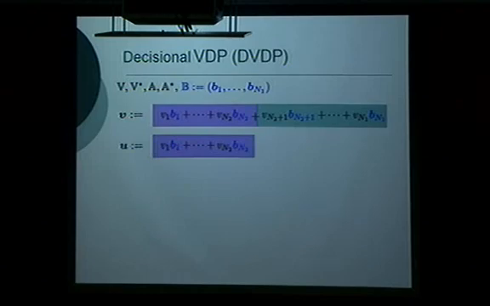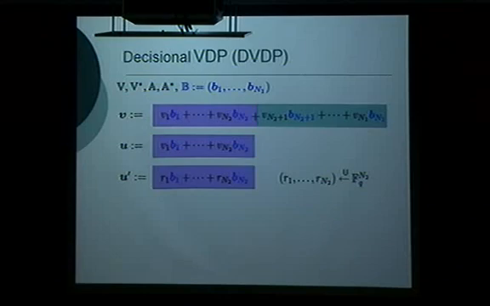Here, either the correct solution is given, or another random element over the same subspace is given. The decision problem is to distinguish the pair of V, U and the pair of V, U prime.